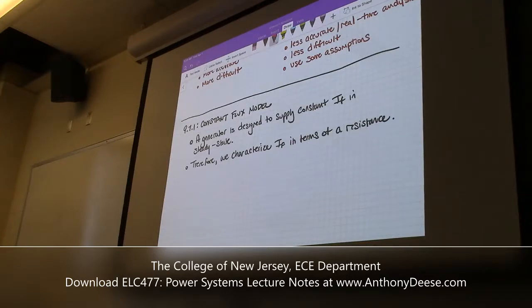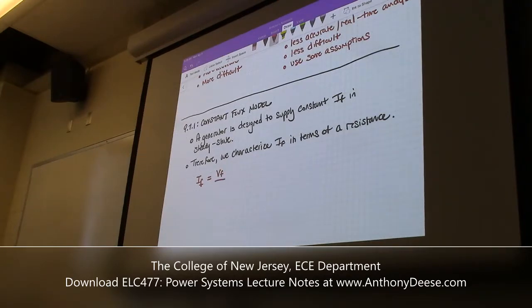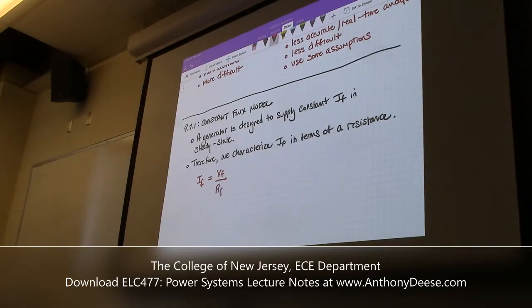So what we'll say is that IF is equal to whatever the voltage is applied across the terminals of the field winding divided by this RF value.